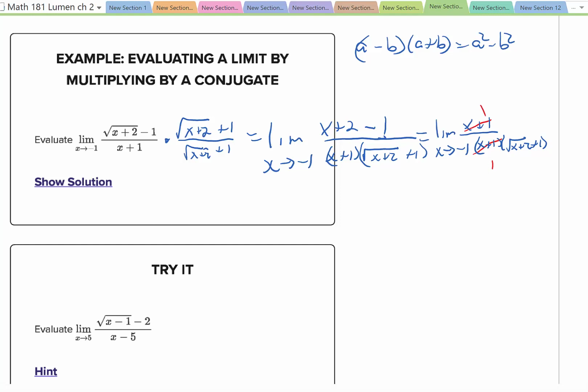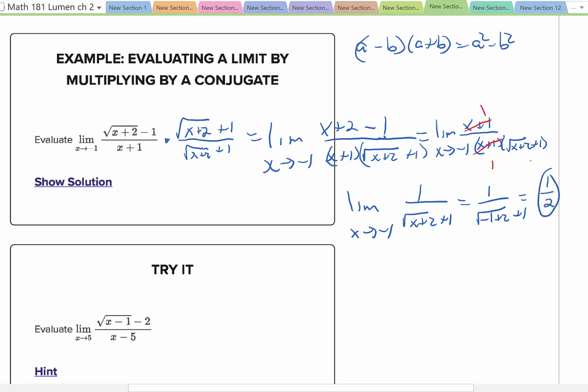Now that leaves us with the limit as x approaches -1 of 1 divided by the square root of x plus 2 plus 1. So now if I plug in that -1, I have 1 over the square root of -1 plus 2 plus 1. That's going to be 1 over 2, isn't it?